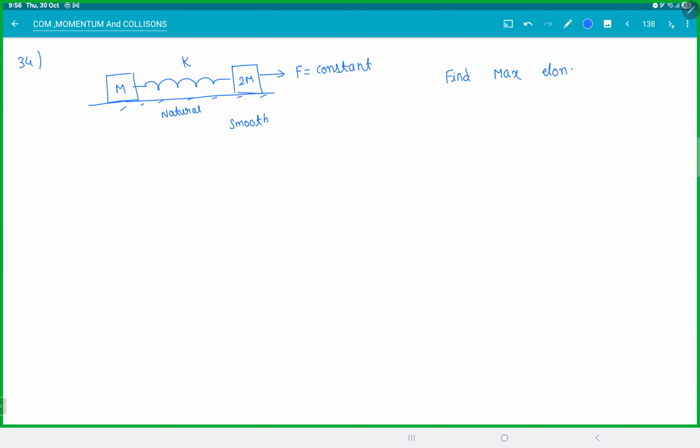Initially blocks are at rest. How do we approach this? Think, I'll give a minute, then I'll show you. There is only one way to handle this. These are some kind of problems where you should know the process.